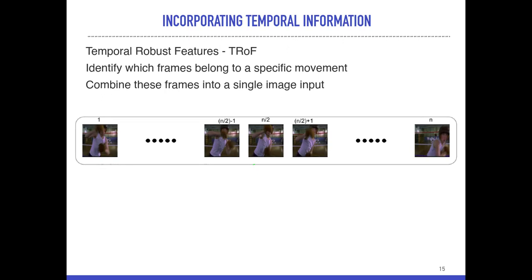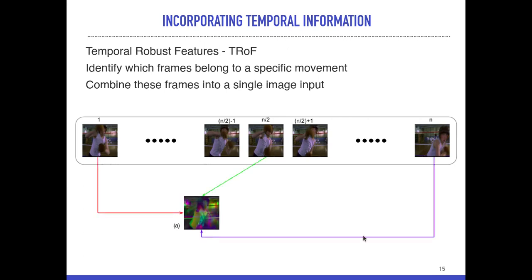So we have these n images that form a single stream of movement, and then we can insert grayscale copies of 3 key frames into each color channel of a resulting image. The first one we called an extremities combination. We put the first frame in the red channel, the last frame in the blue channel, and the central frame of the movement in the green channel. And then we get this kind of image here.